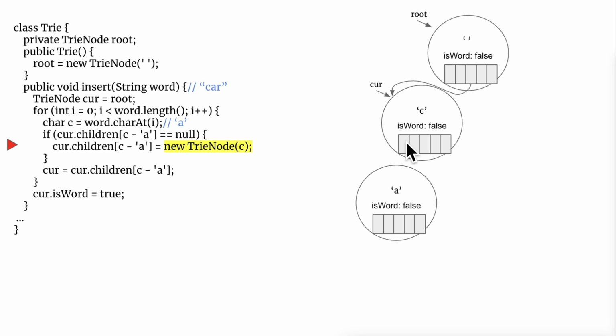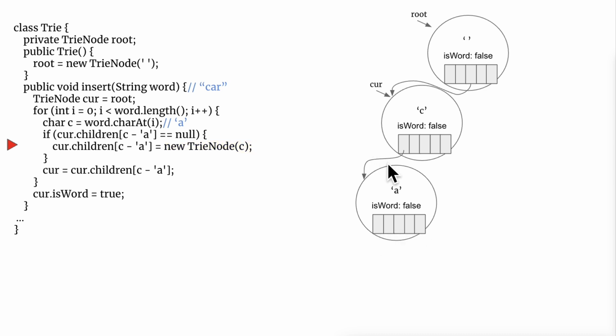So I'm going to create a new trie node. This time, my new trie node is created with the character value A, along with the word value default false, and a default 26-size array to store its children pointers.